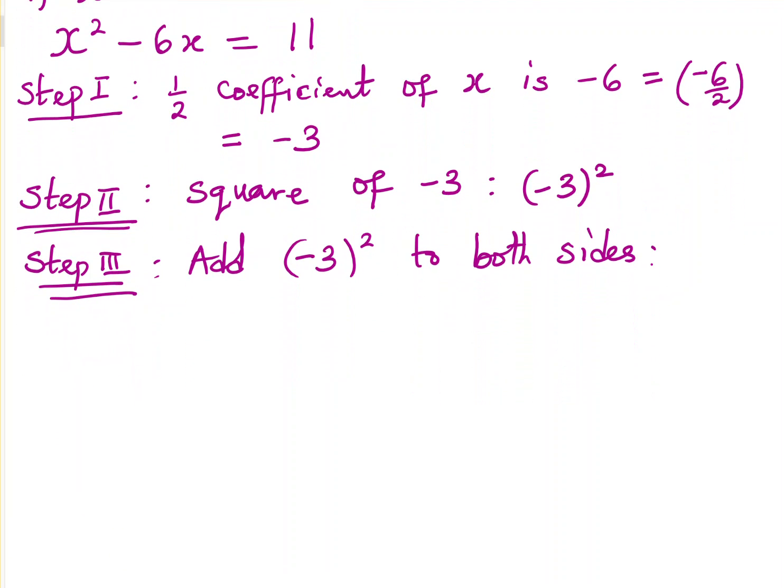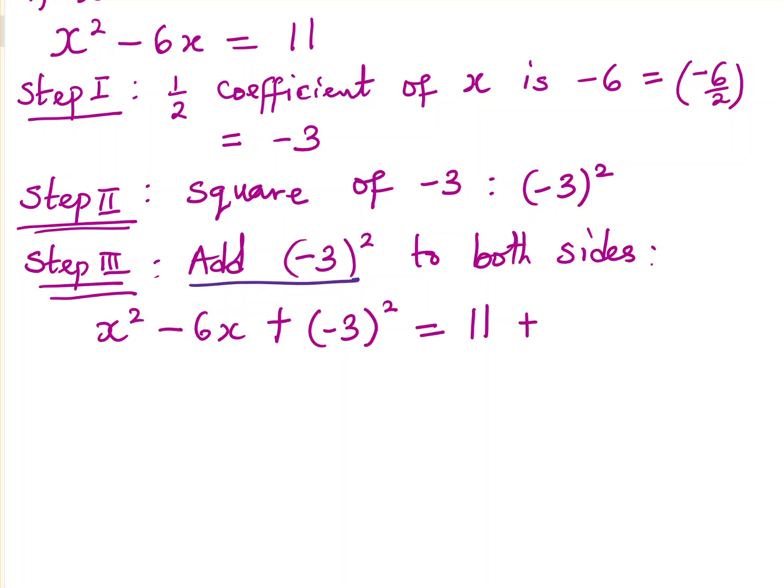So if we come back here, what we have is x squared minus 6x. So to this side, we are going to add this negative 3 squared. Then on the other side, 11, we are going to add this square of negative 3.